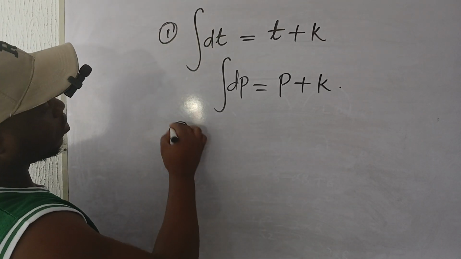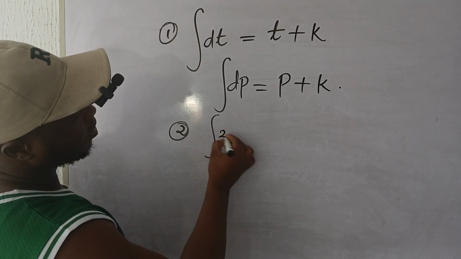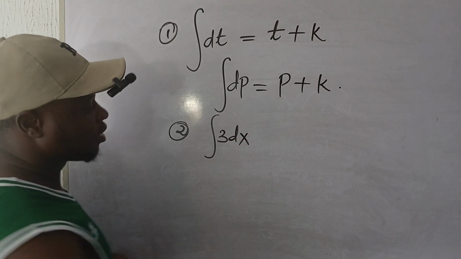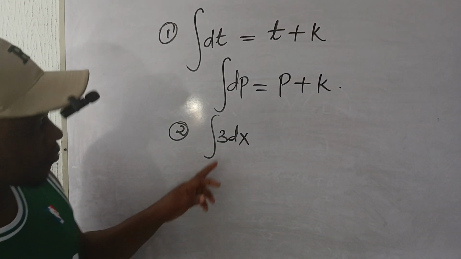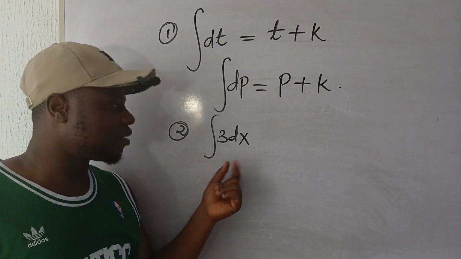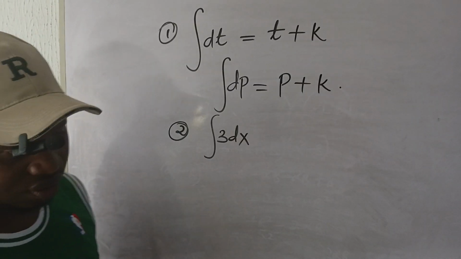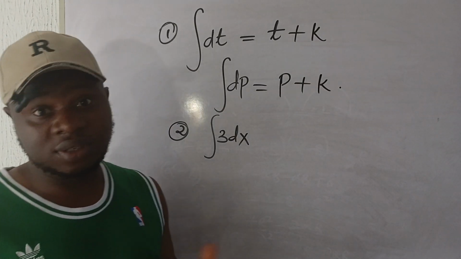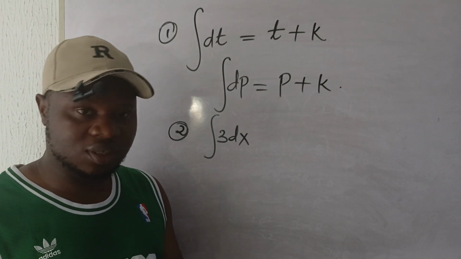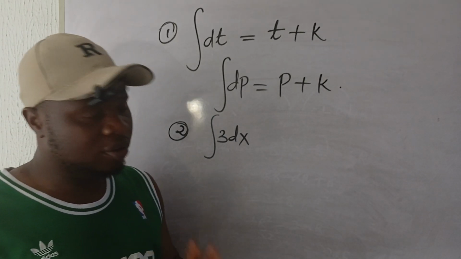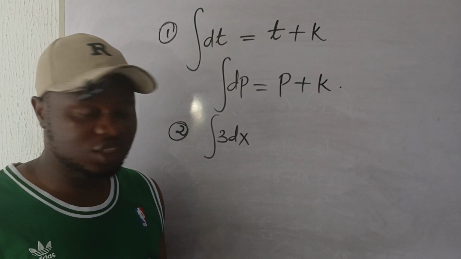Then number two, if you are asked to integrate 3 dx, what are you seeing here? You are seeing a number and you're now putting dx. Now, in integration, we know that we don't integrate numbers. We integrate variables. A number is just a constant, a variable can change.